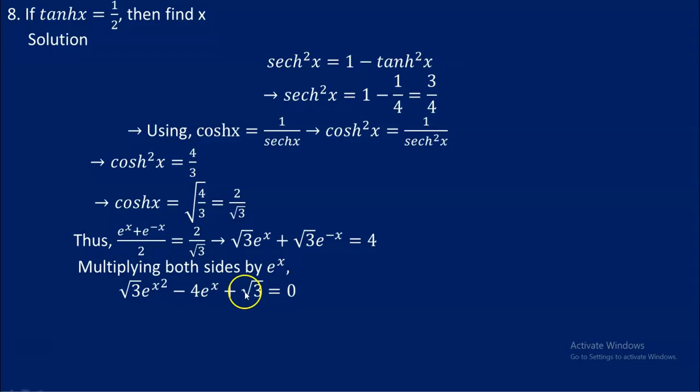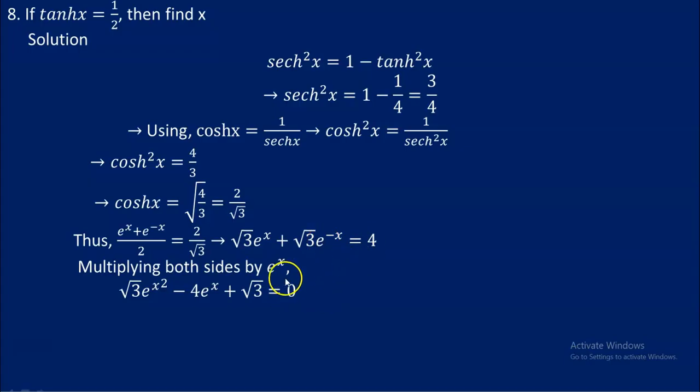Let me just tell you how this is obtained. As you are multiplying the whole by e to the power of x, e to the power of x times e to the power of x comes to be e to the power of x the whole squared, and radical 3 is written as it is. Then as you are multiplying by e to the power of x, 4 times e to the power of x is going to come. So we can shift this 4 times e to the power of x to the left in order to have 0 to the right side.